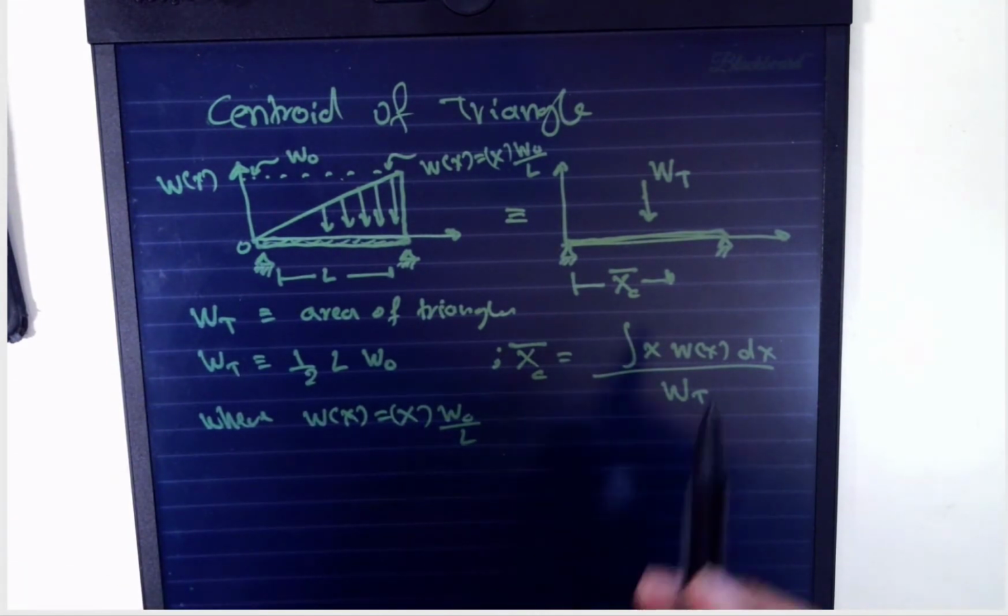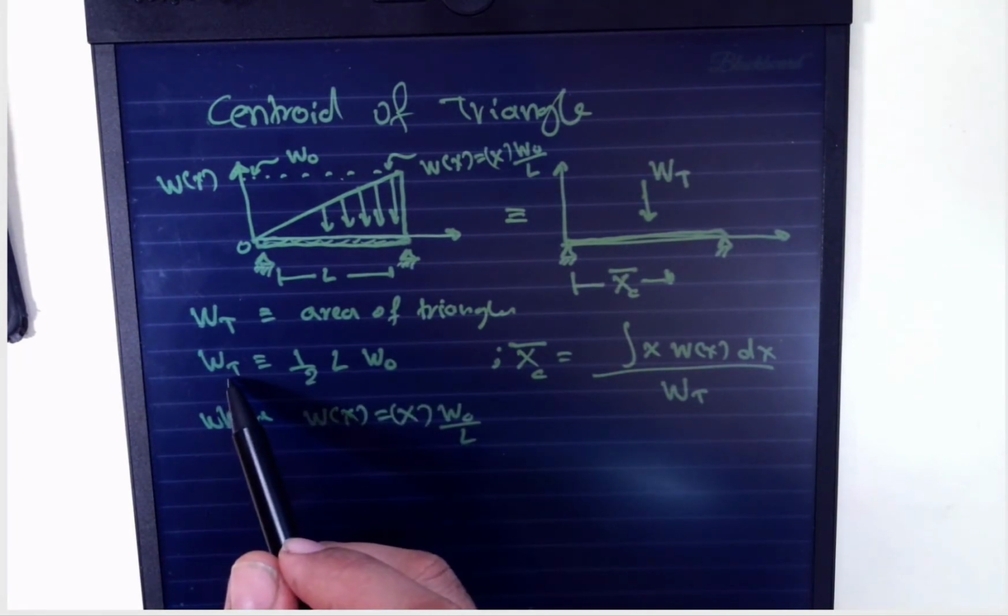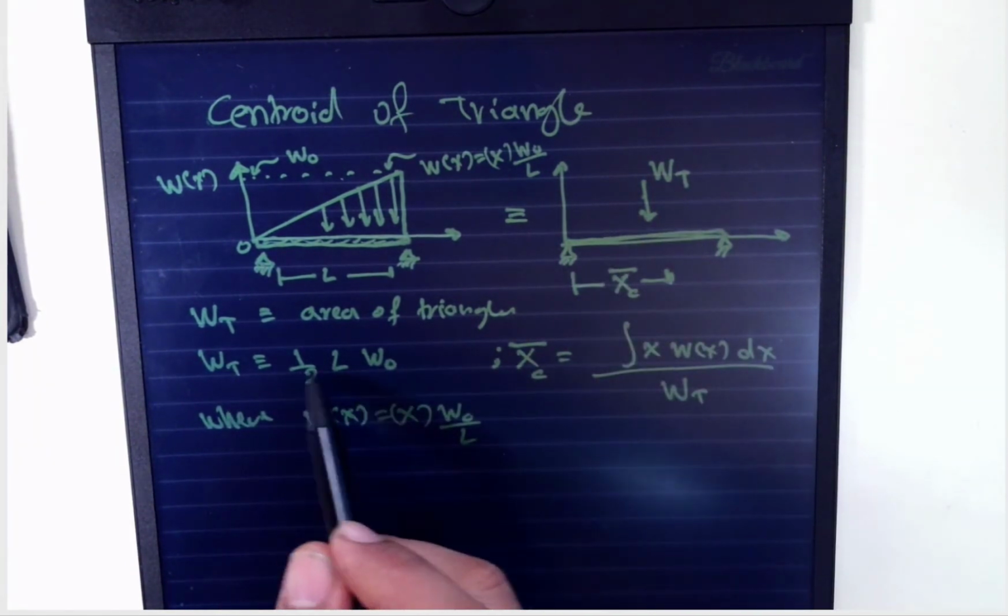This gives us the total resultant force WT, which is half L W naught.